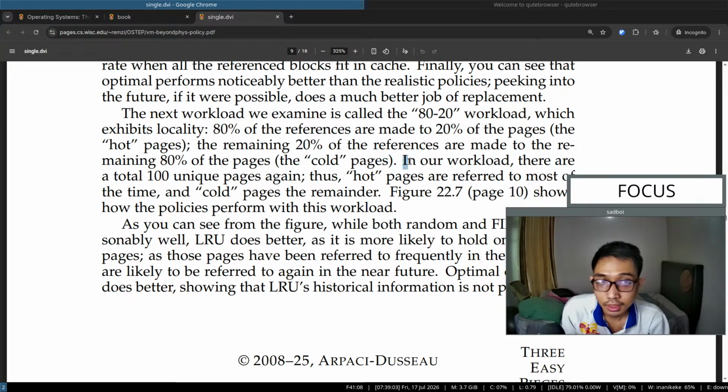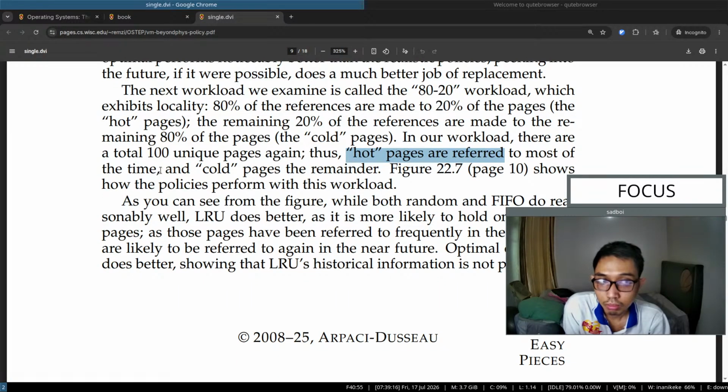Maybe in our workload there are a total of 100 unique pages again. Those hot pages are referred to most of the time, and cold pages the remainder.